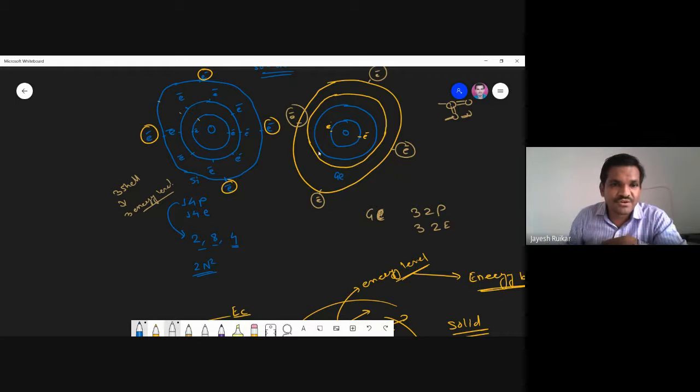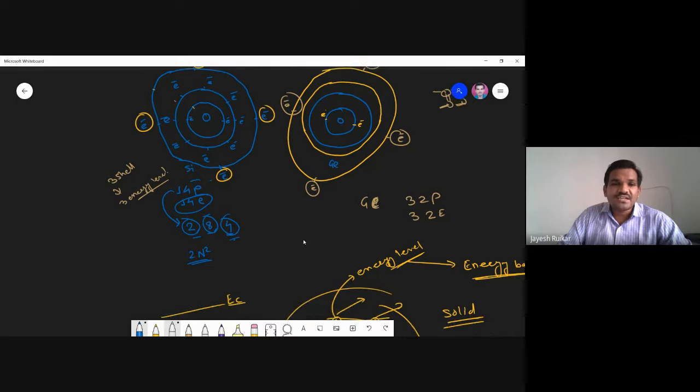If you talk about silicon, it has 14 protons and 14 electrons, because its atomic number is 14. In the first shell it is 2 electrons, in the second shell 8 electrons, and in the outermost shell 4 electrons. So 4 valence electrons, or you can say 4 free electrons, are there at the outermost shell.